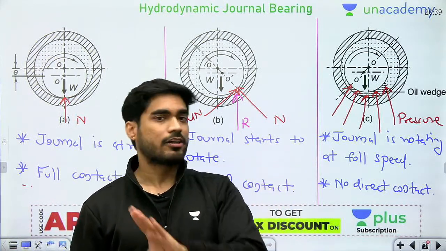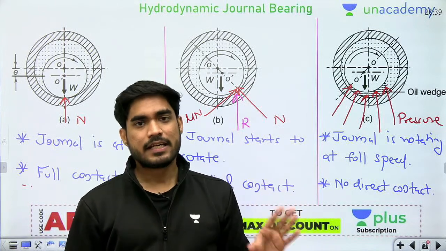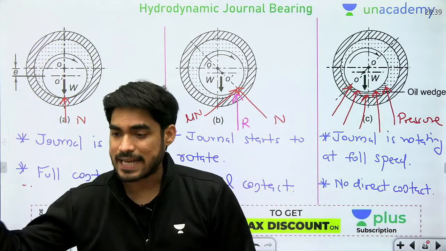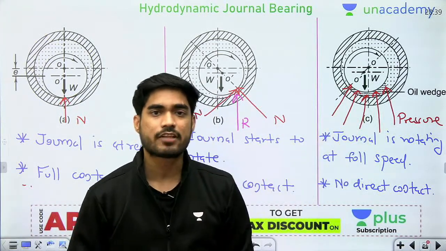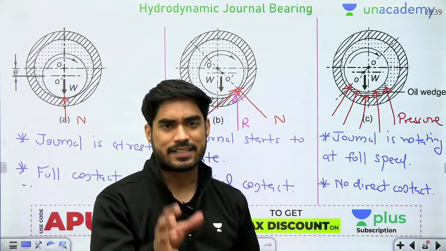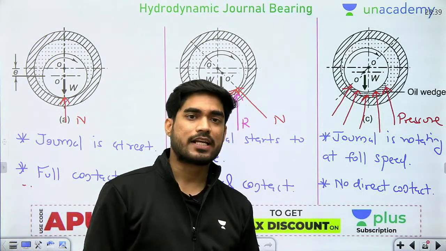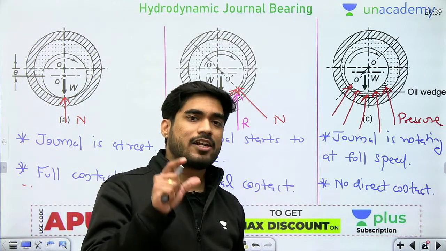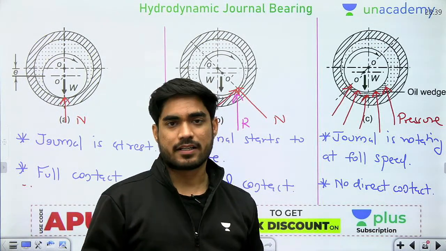The thick film lubrication will not be there 100% of the time, initially, or when you will just start the engine or when you will turn off the engine, for those some seconds there will be thin film lubrication.